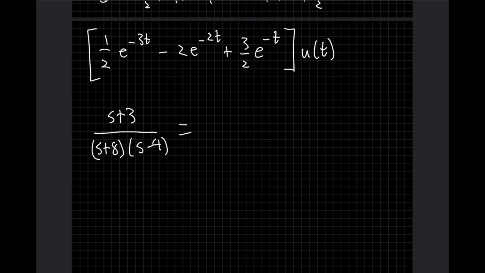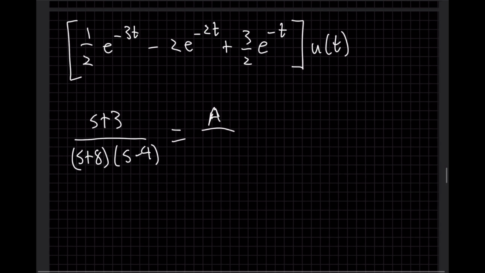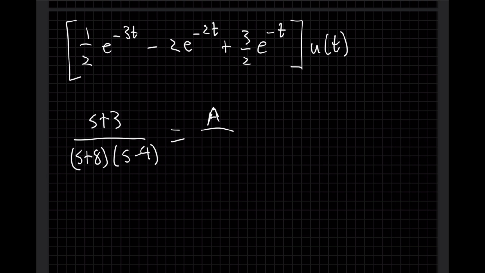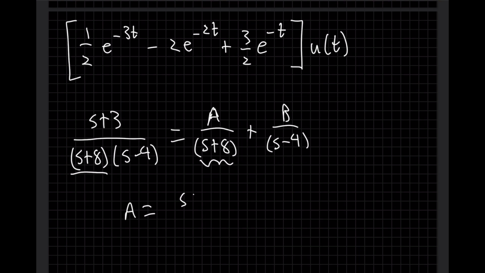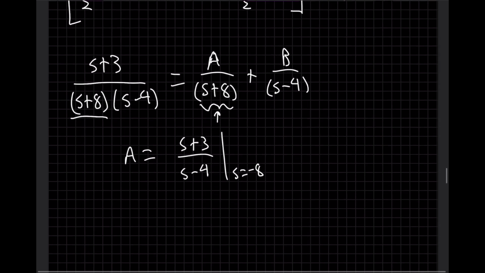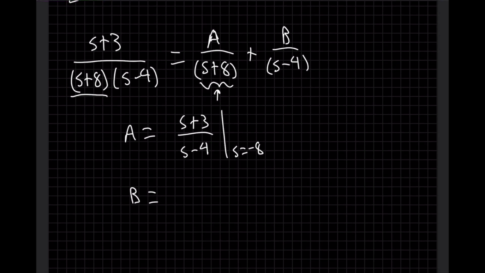So this would be equal to a over s plus 8 plus b over s minus 4. So solving for a, we take out the denominator that is under here in this one. So we have s plus 3 over s minus 4. And then we evaluate at what makes this equal to 0. So s equals -8.